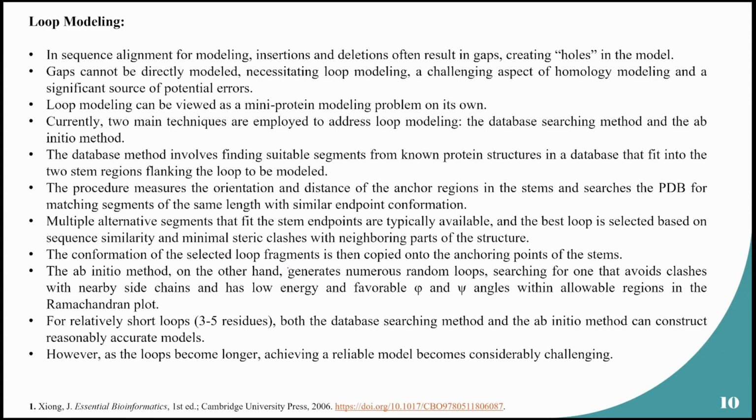So in the ab initio method, what was that? Basically, it was generation of a large number of random loops, and then from there, profiling of their phi angles, which ultimately will be the factor for deciding which loop conformations are possible.